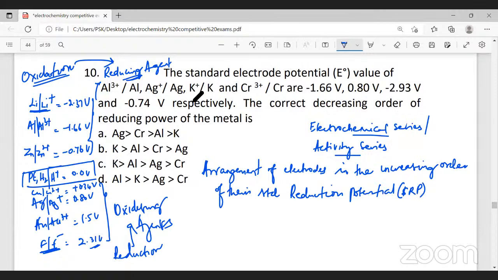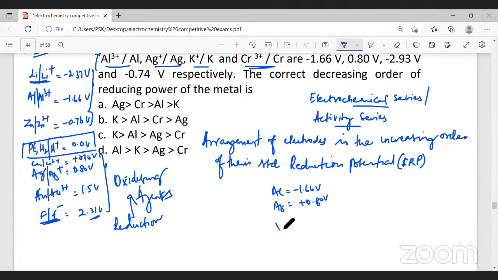Now, the 10th question here, what we are supposed to understand is this. The standard electrode potential E0 value of aluminum they have given. They have given for silver, for potassium, and also for chromium. For aluminum, it's minus 1.66 volt. For silver, it is plus 0.80 volt.